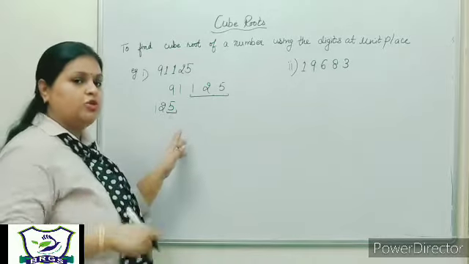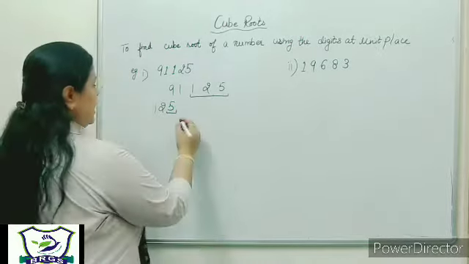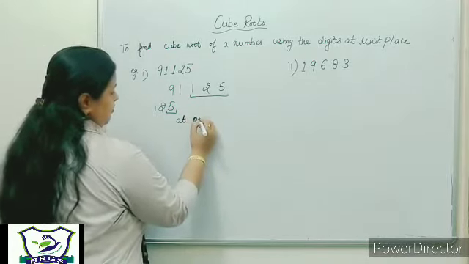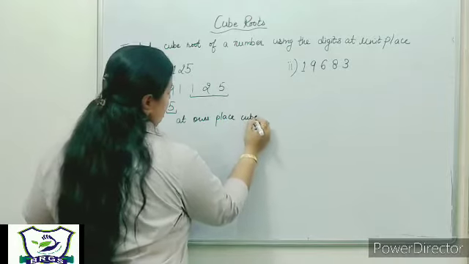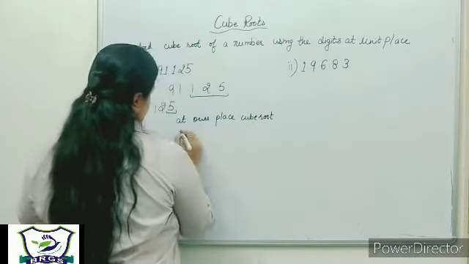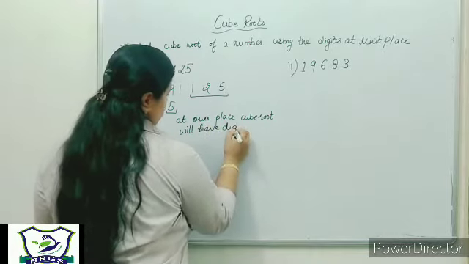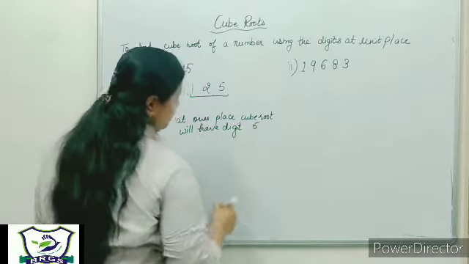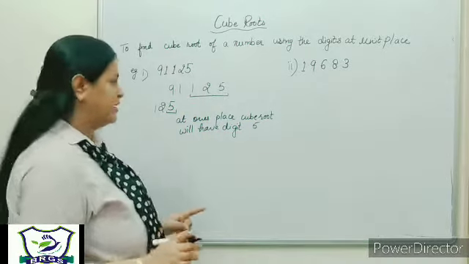It means its cube root will also have same digit at its units place. So at ones place, cube root will have digit 5.